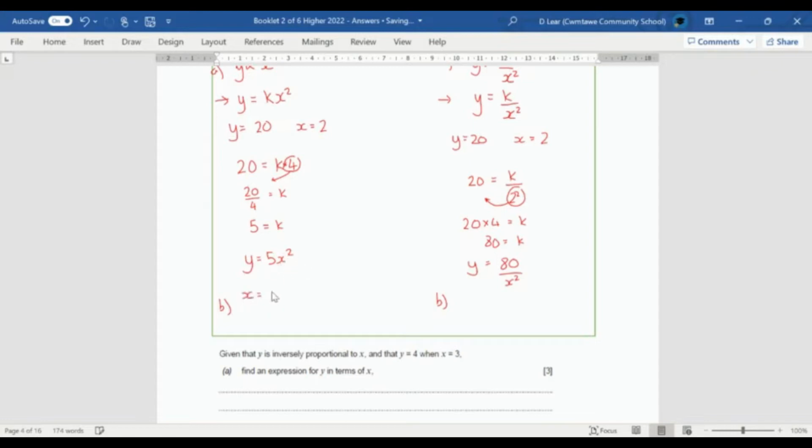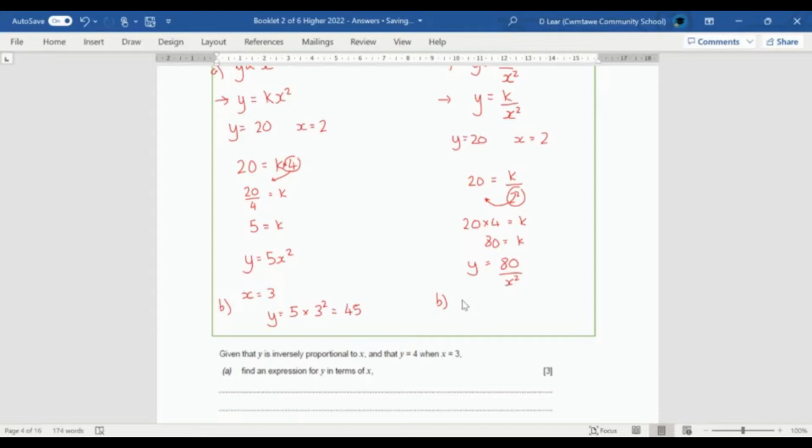So if I said x equals 3, and I was trying to work out y here, well, y is equal to 5 times x squared, but if I'm using x as 3, that's 3 squared, so y is equal to 5 times 9, 3 squared, which is 45, okay? And here, a little bit harder, I guess.